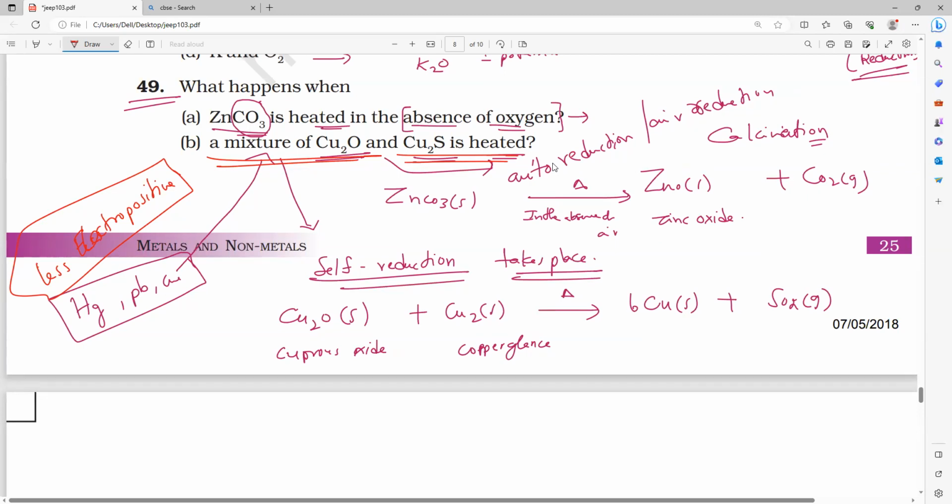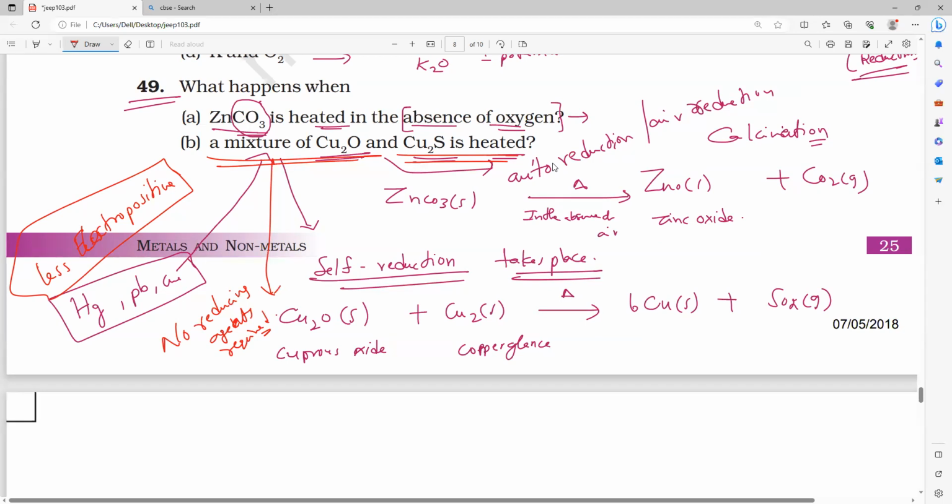So that is what you have to remember. No reducing agent is required in such type of reduction process. That is also very important. So please note it. No reducing agent required. Clear, everyone?